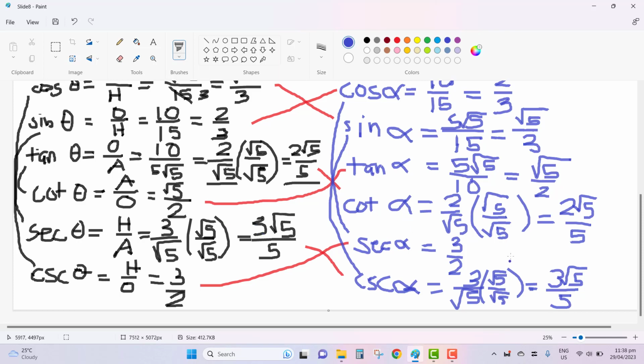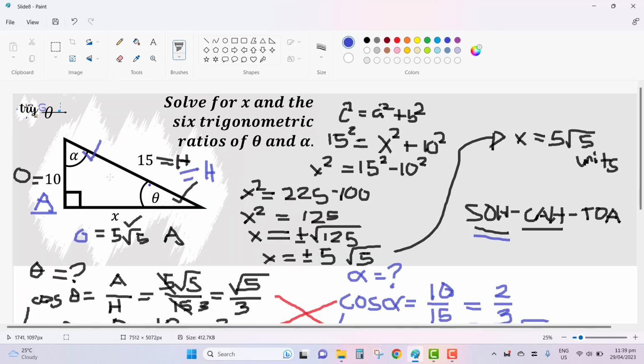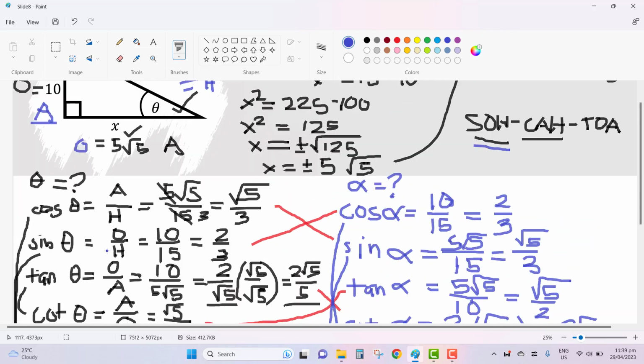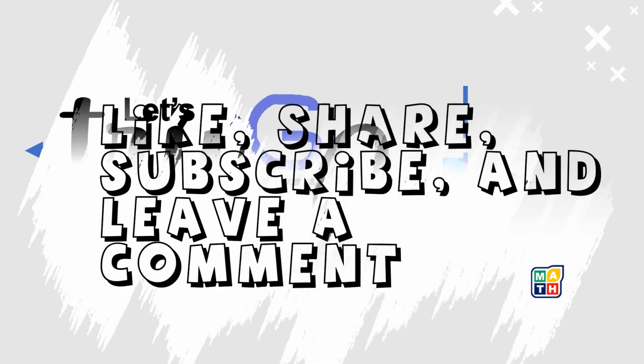So these 6 here, the blue colored values, are your 6 trigonometric ratios for your alpha. And the answers earlier were for your theta. So this is how we solve trigonometric ratios, especially for two different angles, thereby changing the point or angle of reference for your 6 trigonometric ratios.